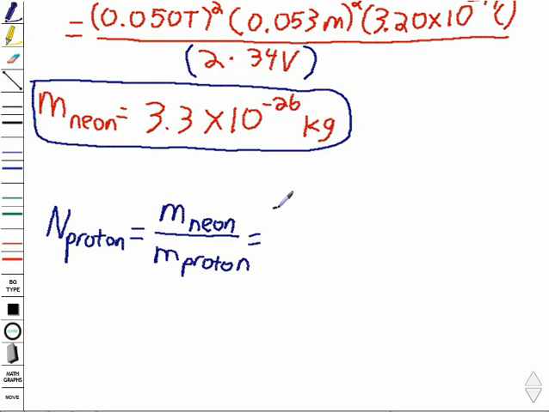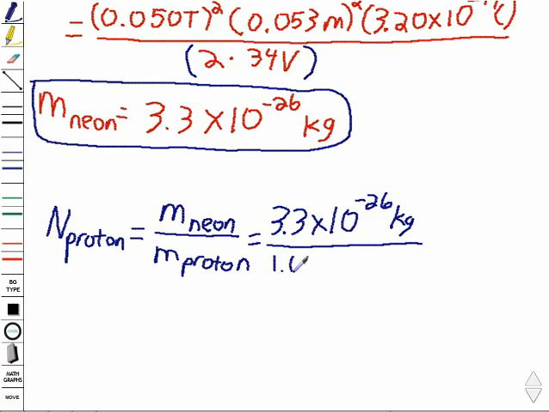So we take the number we just found, 3.3 times 10 to the negative 26 kilograms, and divide it by the mass of a proton, 1.67 times 10 to the negative 27th kilograms per proton.